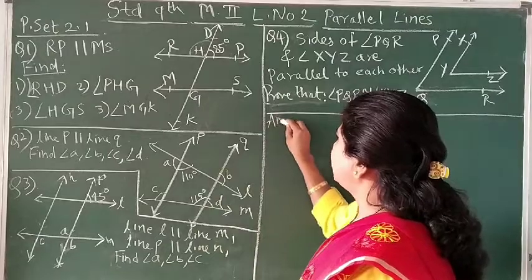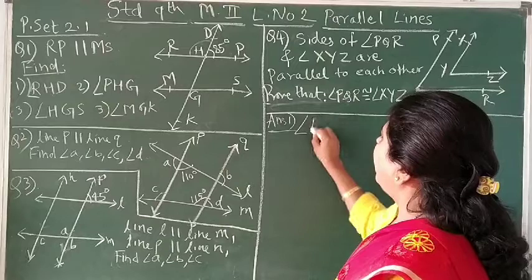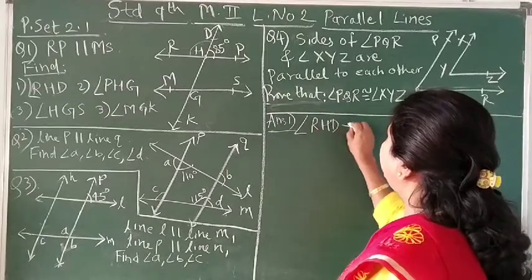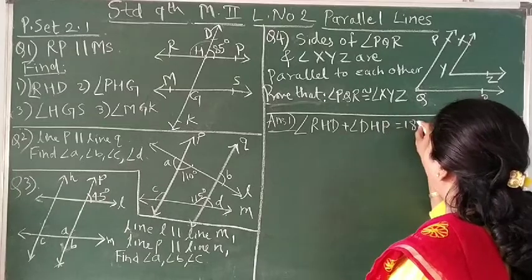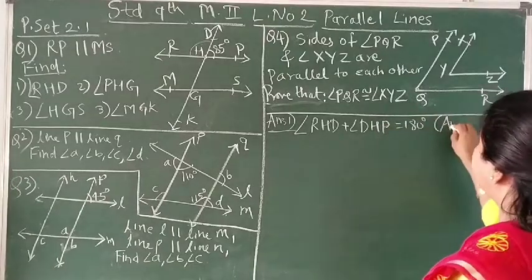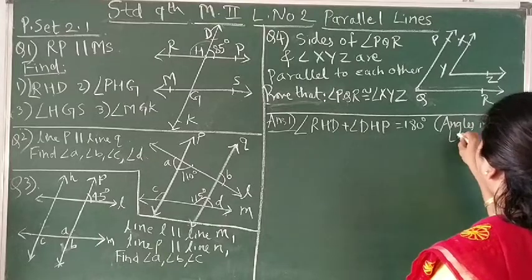So let's write answer number 1 here. Angle RHD plus angle DHP is equal to 180 degrees. The reason is angles in a linear pair.